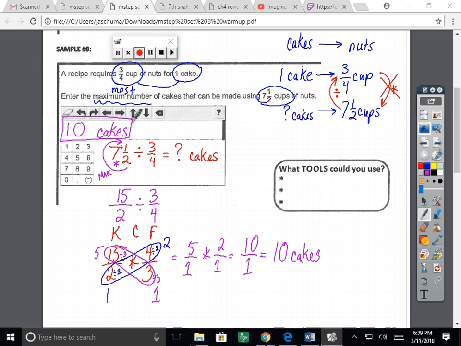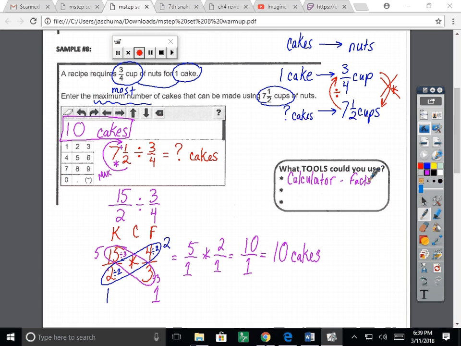So now over here, it says what tools could you use? Well, what tools would make sense for this last problem? Maybe you would care to use a calculator to kind of do your facts or your simplification. So I can see a calculator being a possibility. It would help you with your facts. Any other tools might be useful?